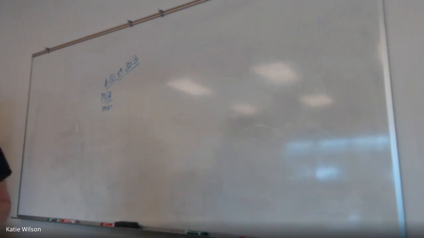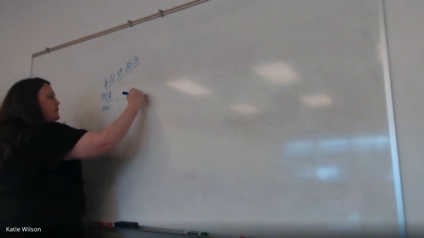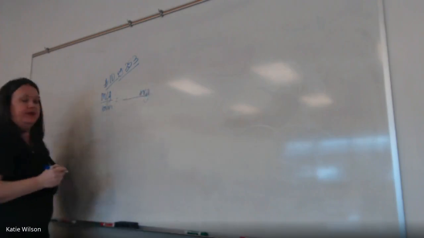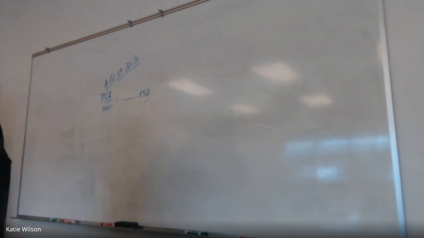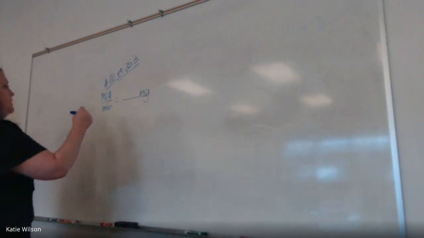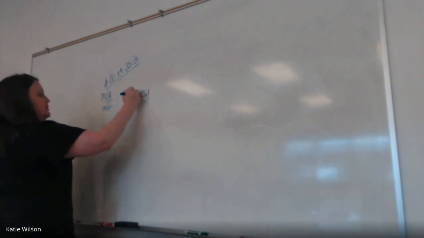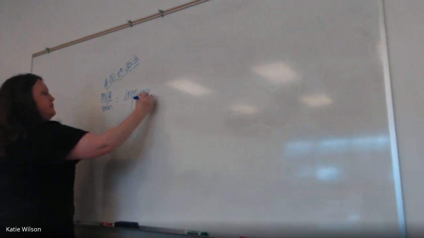Okay. Number 10. What are we solving for? Micrograms per minute. What do you know about micrograms? 1,000 micrograms per milligram. I have to put a conversion in because it gave it to us in milligrams. Okay. So 1,000 micrograms to 1 milligram.